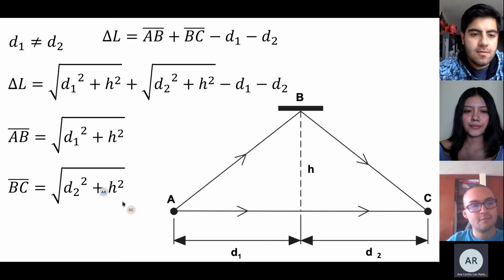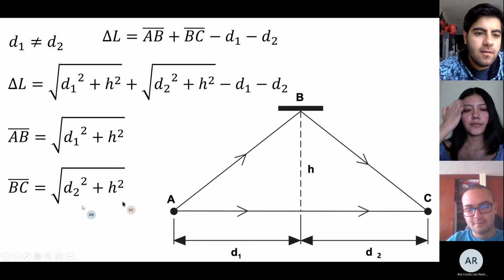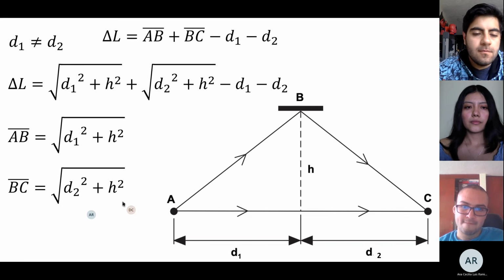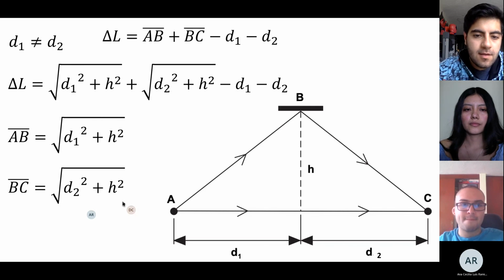If we don't take into account this advantage that D1 is equal to D2, we get now this expression from the same optical path difference, that AB plus BC minus the two distances should be the path difference. We now have that AB is the hypotenuse of D1 and h, and BC is the hypotenuse of h and D2.